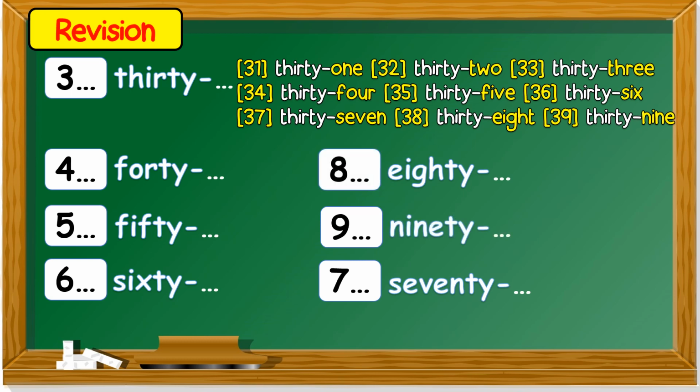It's the same pattern as the one I've showed you in the 20, from 21 until 29. Just change the number, okay, at the back, the wording at the back.